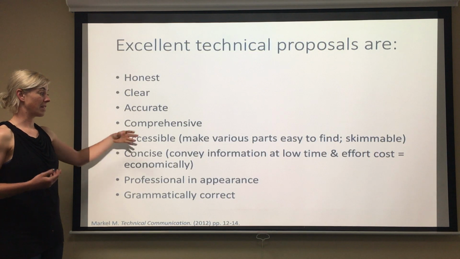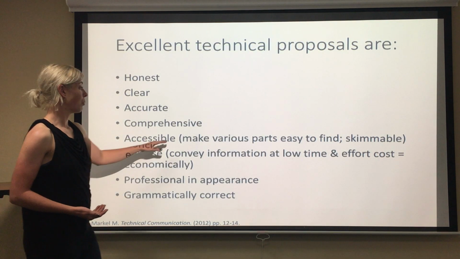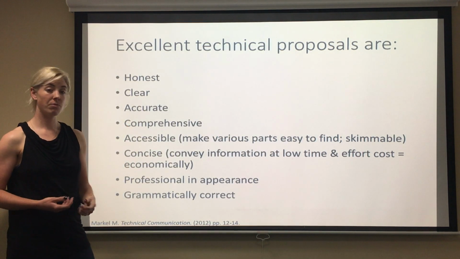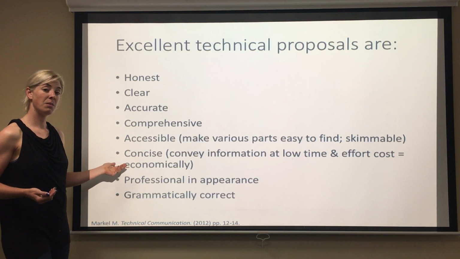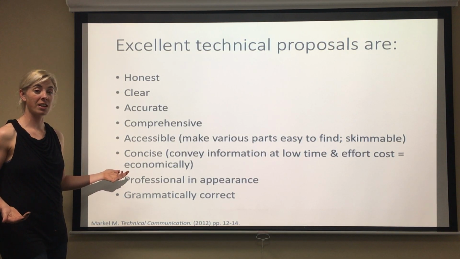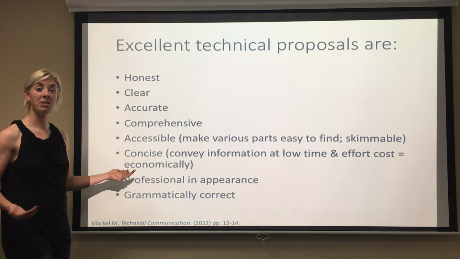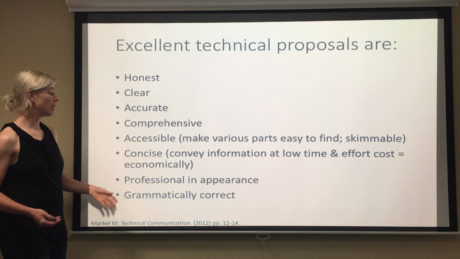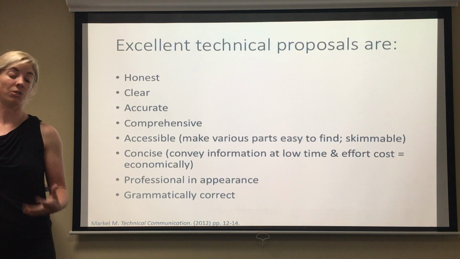It needs to be accessible, so we're trying to avoid jargon where possible. We want to make the various information pieces easy to find, i.e. skimmable. It needs to be concise, because our readers aren't going to have a lot of time, and there's going to be a lot of competing proposals that we have to stand out against. It also needs to be professional, both in appearance and in how we write, so grammatically correct spelling, etc.